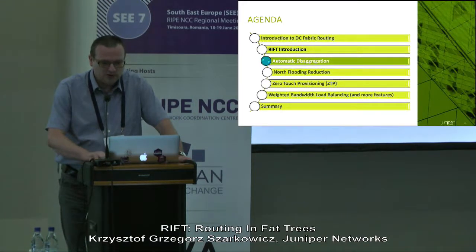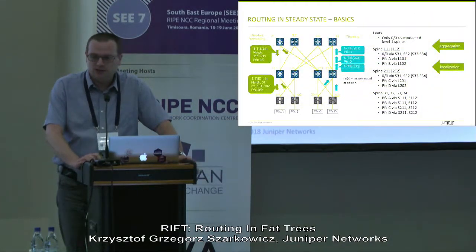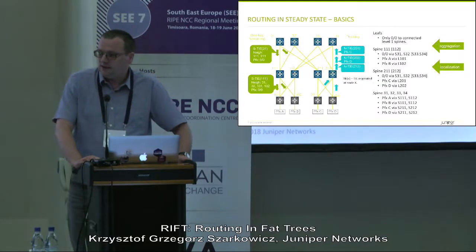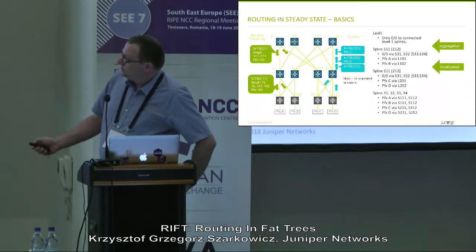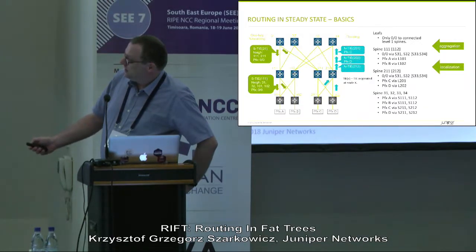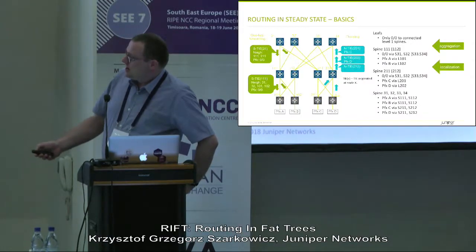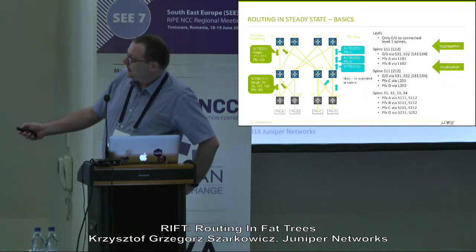So this is most important: automation, disaggregation. This is an example of the DC fabric. As I mentioned, here in the north direction, I advertise my node ID. Every node needs to have some node ID, so as you see here, 211, 212, 202, 201, etc. I advertise this node ID, and as well I advertise the prefixes that are reachable through me.